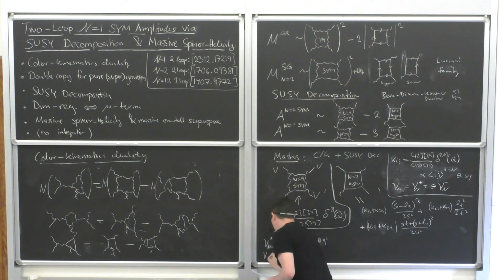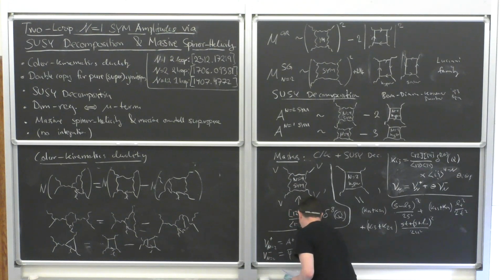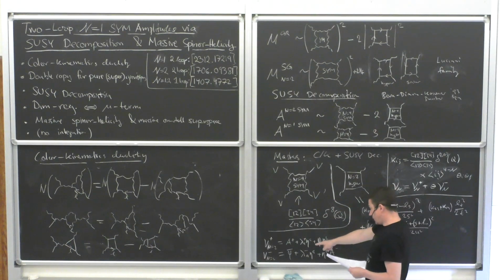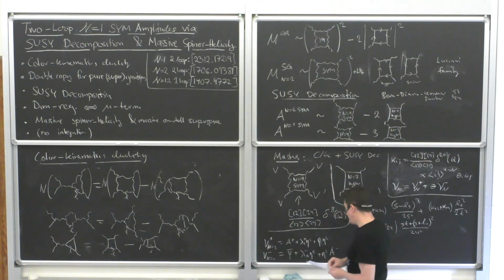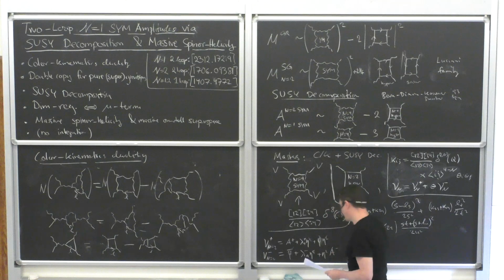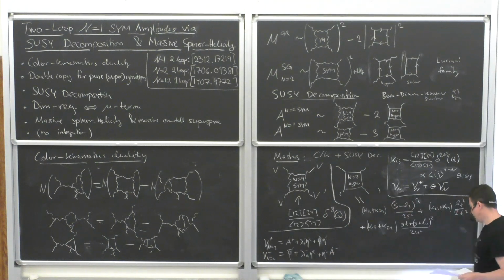And V, n equals 2, minus is then phi bar, lambda minus a, eta a, and then eta squared a minus. My signs might be off, but hopefully that doesn't bother you. This is the n equals 2 multiplets, and if you want to have the n equals 1, you just cross out the scalar, and you cross out one of the fermions. That gives you the n equals 1.